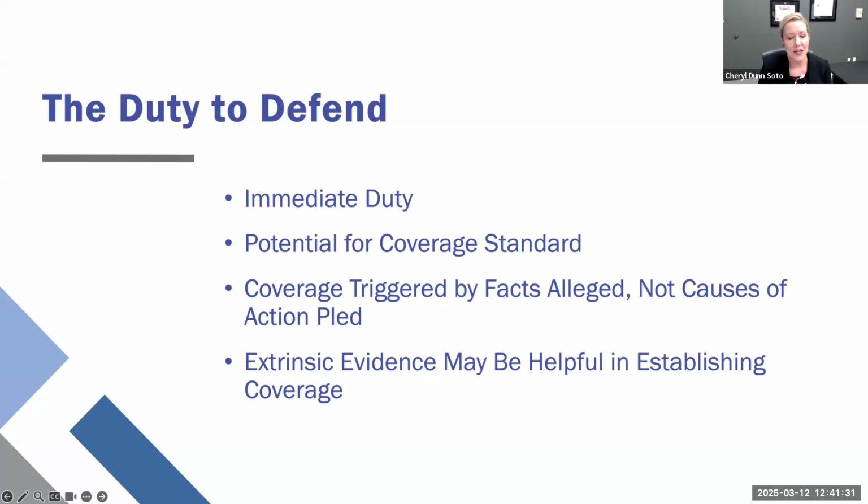Also, keep in mind extrinsic evidence. That can be used to establish a duty to defend. We had a client who was sued in a potential class action. The way it was alleged, the insurance company understandably believed that the claim was brought on behalf of contracted workers.